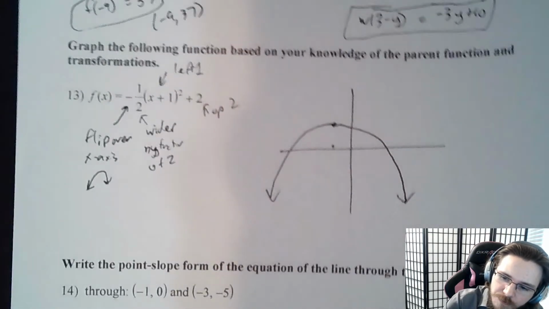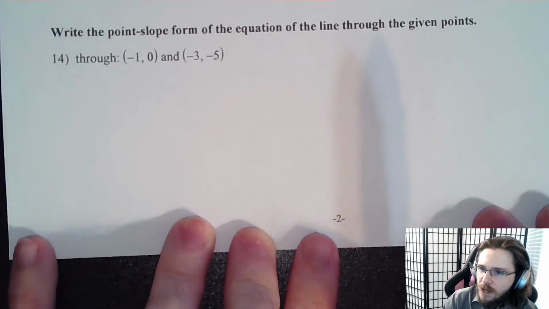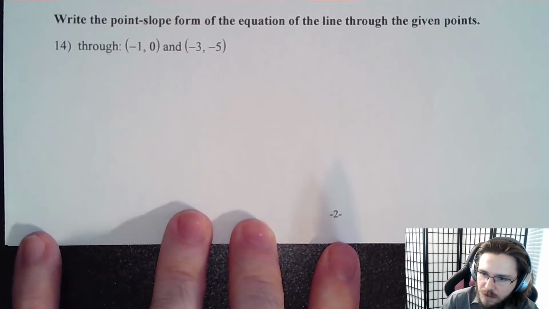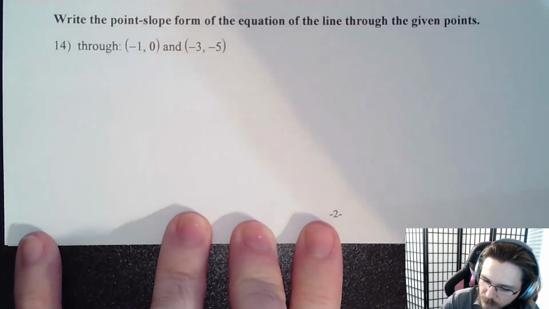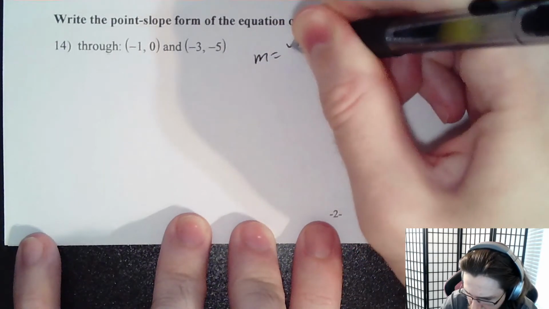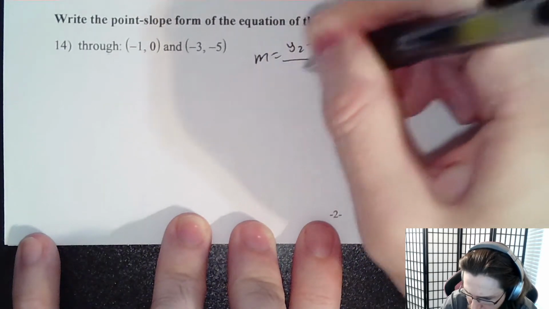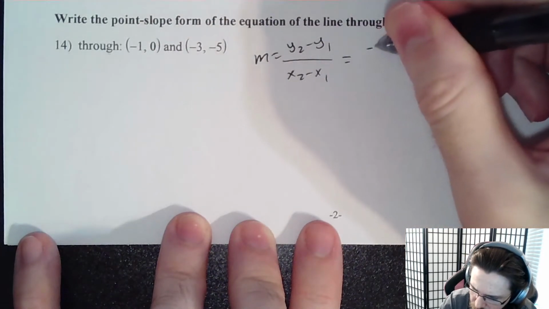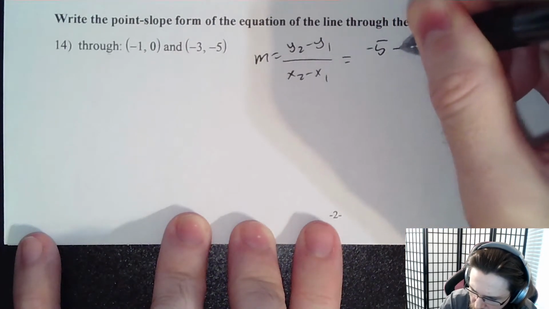Number 14, write the point slope form of the equation of the line through the given coordinates here. So to do that, we got to remember a few things. We want to remember that our slope is equal to y2 minus y1 over x2 minus x1. So in this case, we have -5 minus 0.